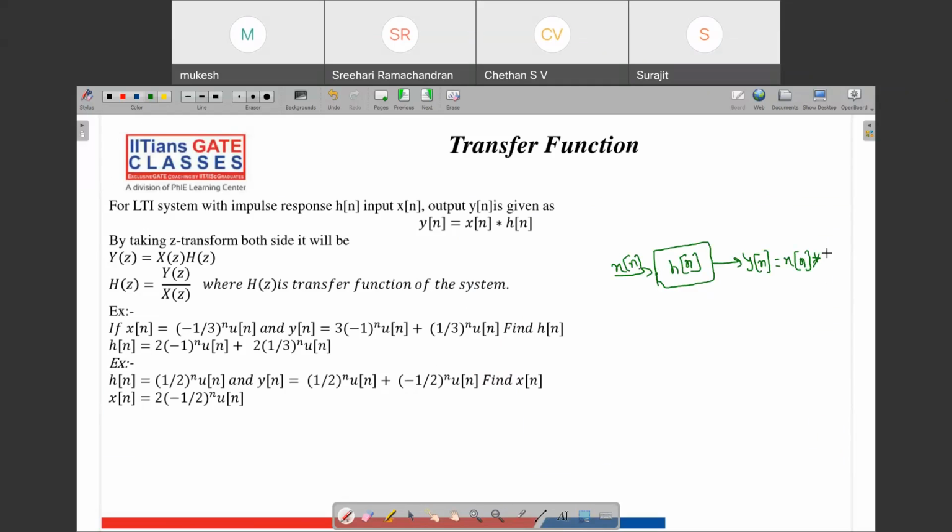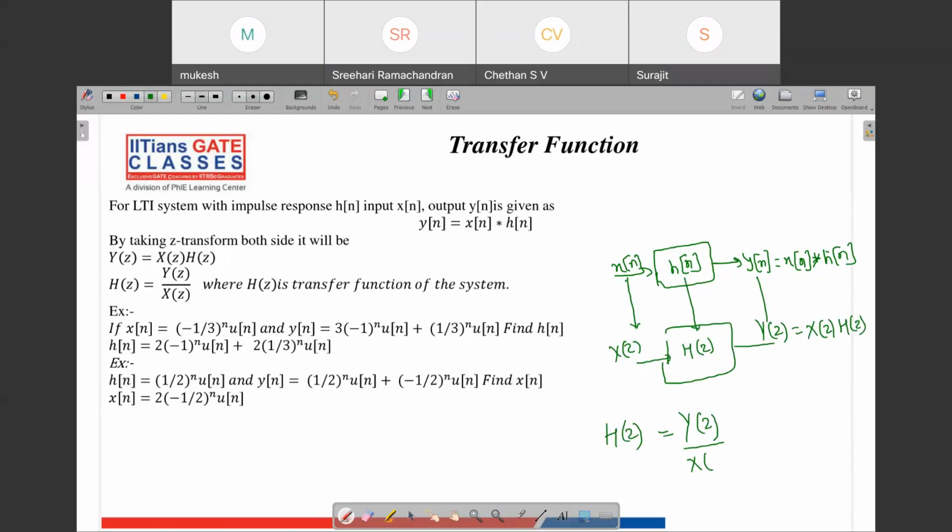Now when you take this in the z domain, x of n will become x of z, h of n will become h of z, and y of n will become y of z, and y of z will be equal to x of z into h of z, or you can write h of z is equal to y of z divided by x of z. Since it is changing from convolution to multiplication, it is much easier to calculate in the z domain.